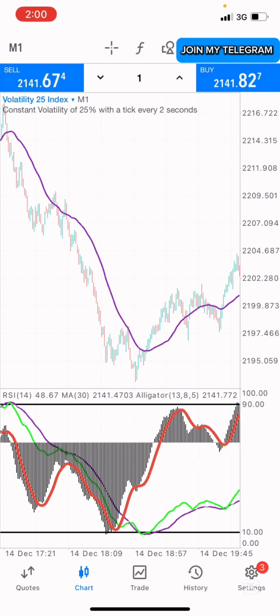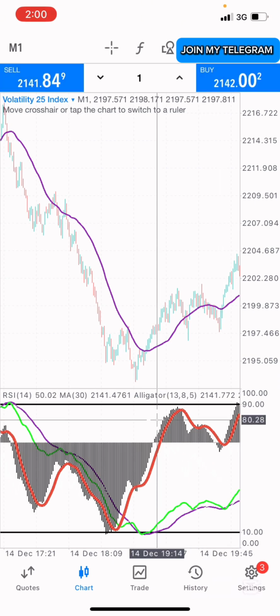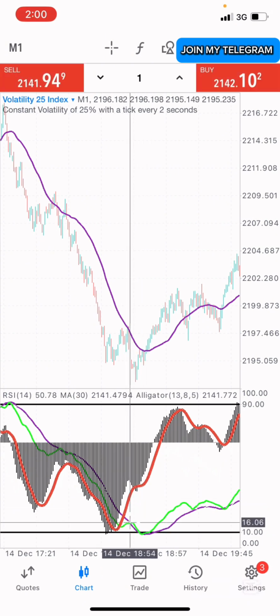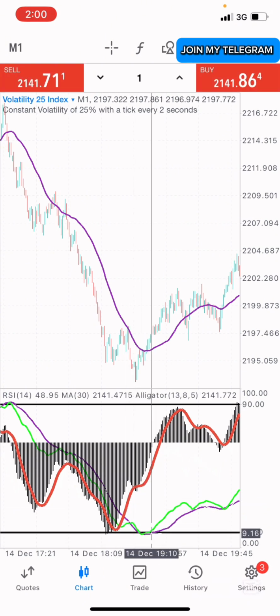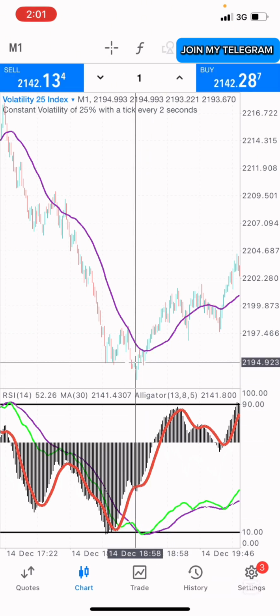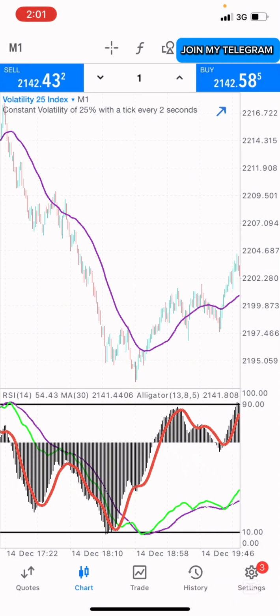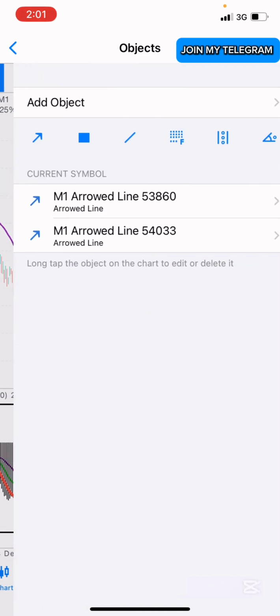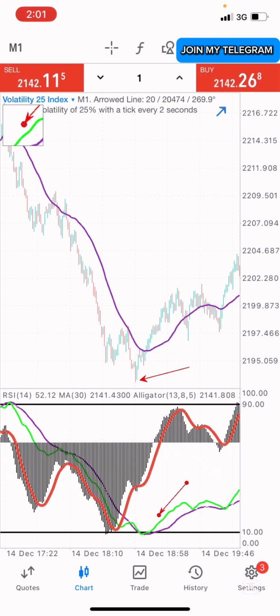So for a buy entry, you wait when you see a signal like this, when the green crosses below the purple line at the level of 10 at this point. Take a look at this point. So I'm going to mark here quickly so that you can see what I'm talking about. So this is the point of the crossing right there.